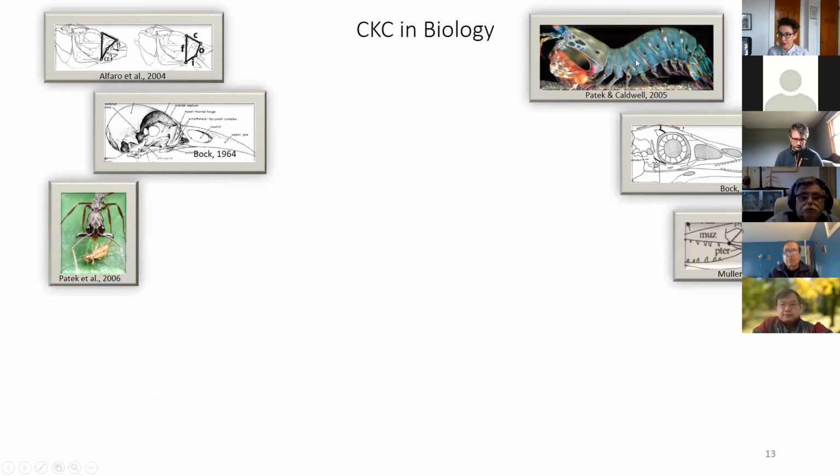It's a marine crustacean that feeds on clams, and clams have these over-designed, very rigid, tough shells. So the peacock mantis shrimp uses a closed kinematic chain when it deploys its club that accelerates to that extent that it produces water cavitation when it contacts the shell of the mollusk, and of course breaks the shell and allows the shrimp to feed.